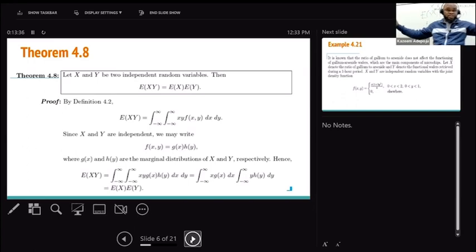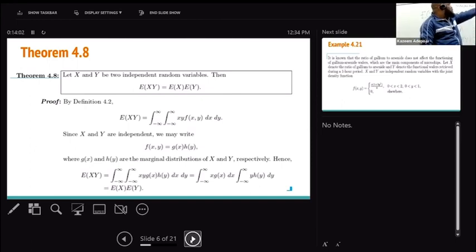In the case of machine A and machine B, it means what this machine is producing is independent of what the other one is producing. If the expected value of XY is not equal to that, then it means what machine A will produce depends on machine B.